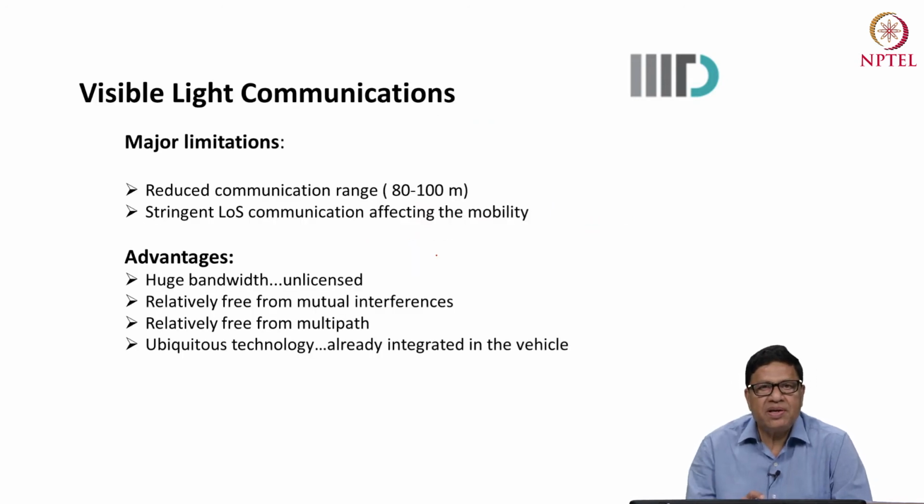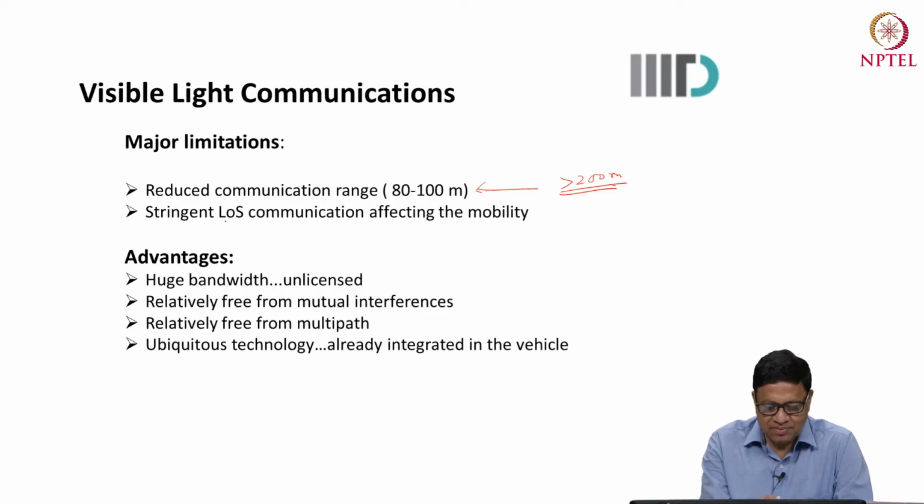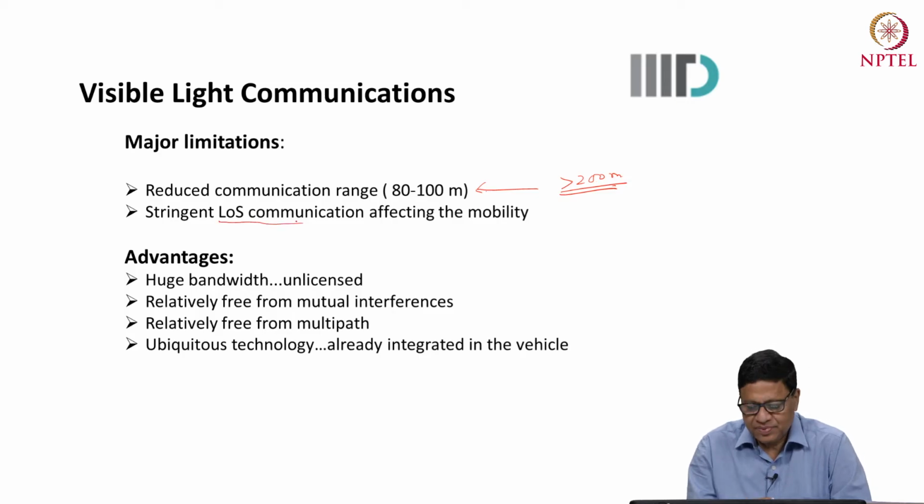Visible light communication, as we have seen in previous lectures, has limitations. The distance is of the order of 100 meters, although some experiments have been done at greater than 200 meters. We also require line of sight when communicating with other vehicles.